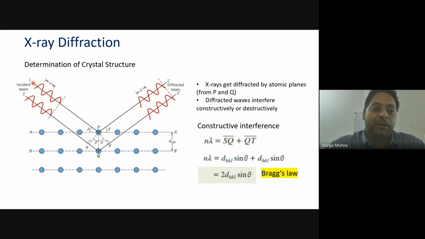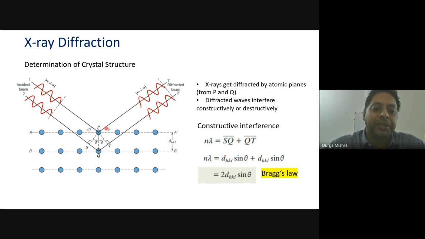The first ray, for example 1, is getting diffracted from the plane A, from atom P, and goes in this direction, and we get 1 prime. Beam 2 is getting diffracted from an atom Q, which is in the plane B, and gives you 2 prime. So 1 prime and 2 prime will interfere.